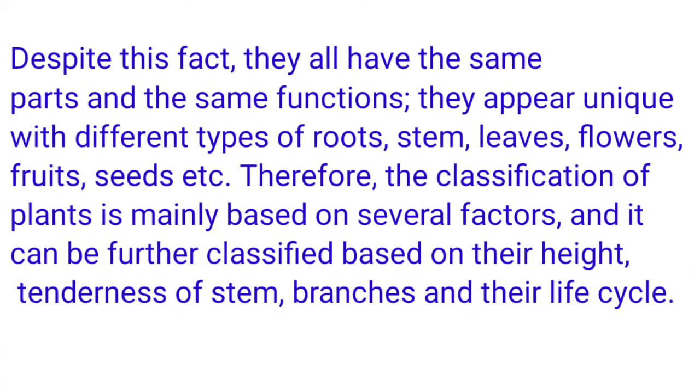Despite this fact, whether terrestrial or aquatic, they all have the same parts and the same functions. They appear unique with different types of roots, stems, leaves, flowers, fruits, seeds, etc.